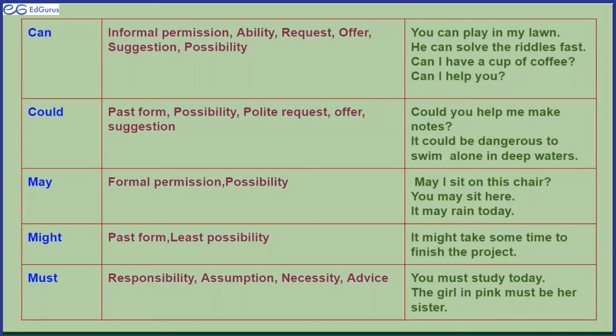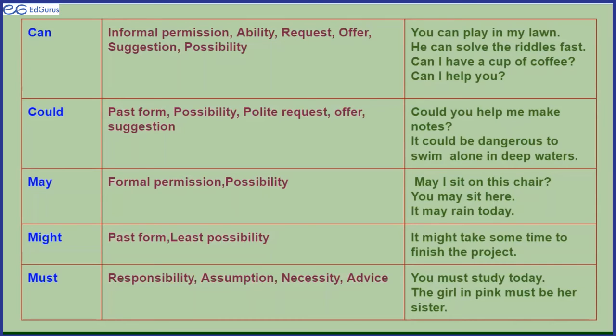Fine? Yes, ma'am. We must stand, we must come in a line to the assembly ground. What does it reflect? Responsibility. This is our responsibility, my duty. I have to come to school with an ID card. So we must go to school with our ID card. You must wear the mask.